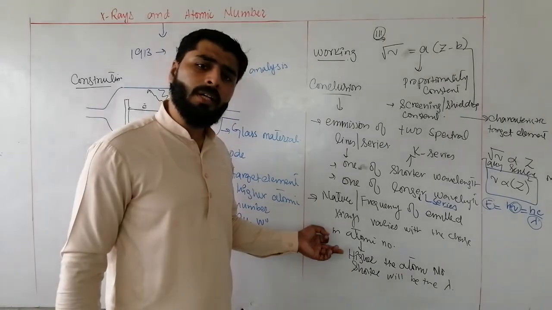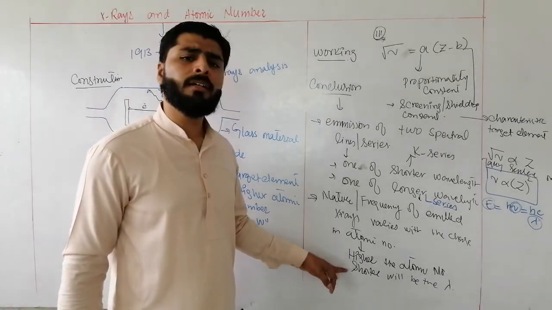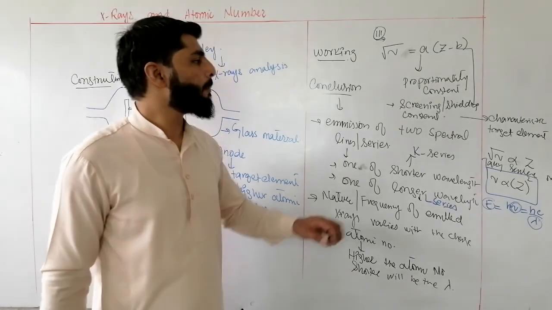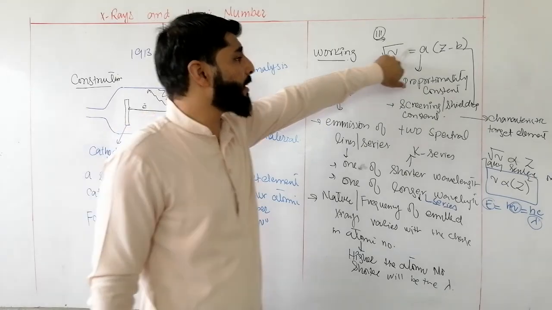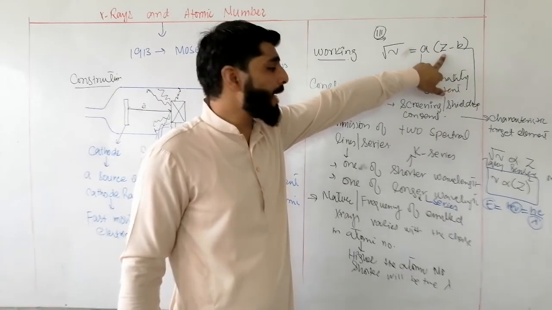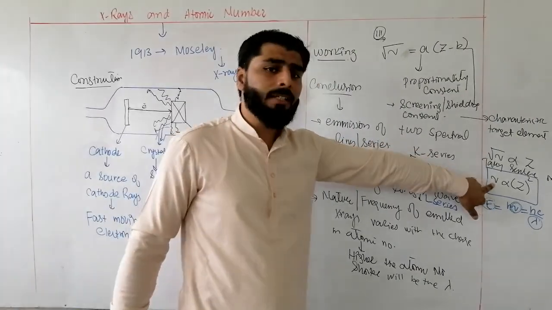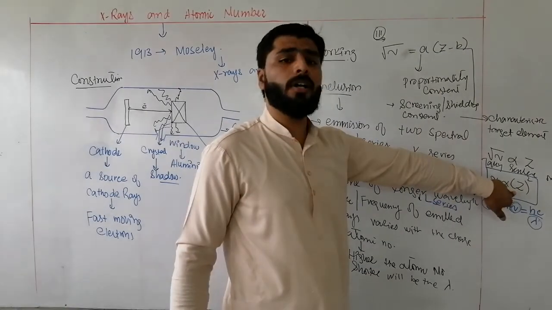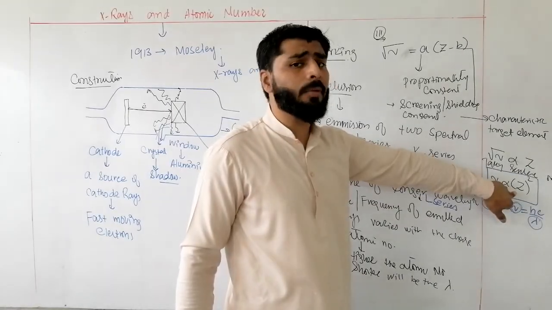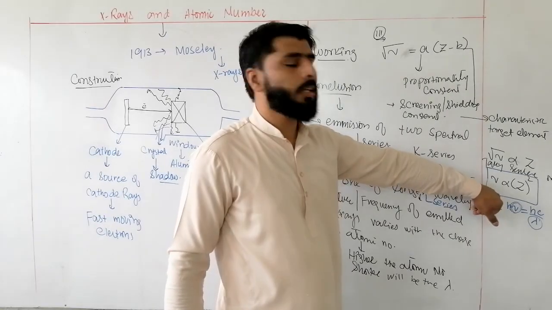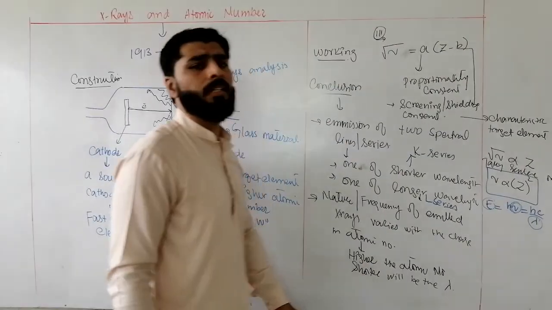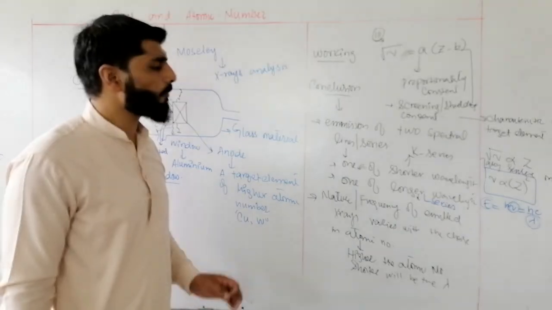Higher the atomic number, shorter will be the wavelength, and frequency is directly related to the square of atomic number. With the increase in atomic number, frequency will increase and wavelength will decrease.